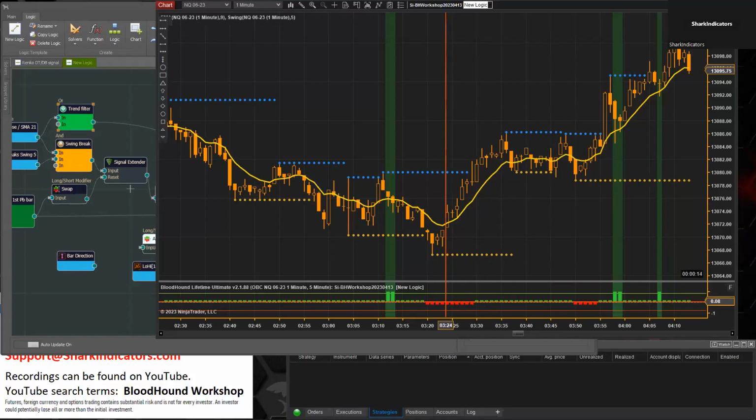And that's the 5-minute bar compared to the SMA 21, so that we can visually see our trend filter, and it gives us a heads up as to whether we should be expecting a long signal or a short signal popping up there.